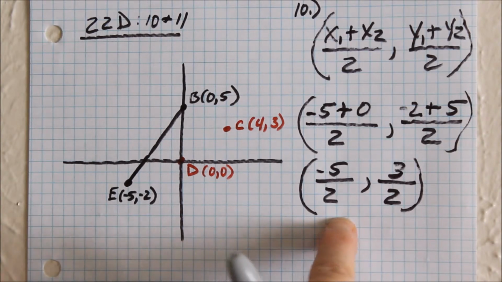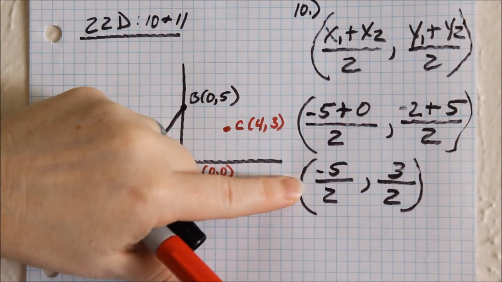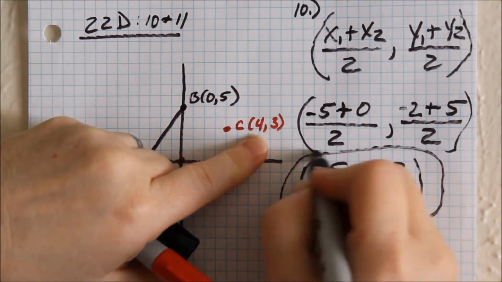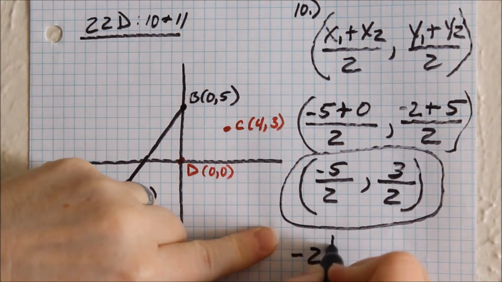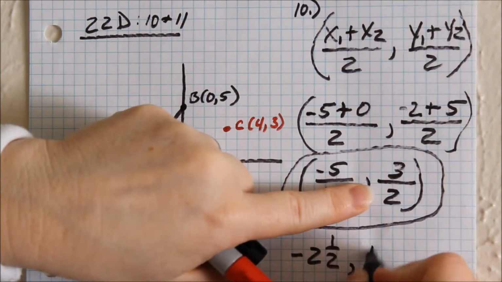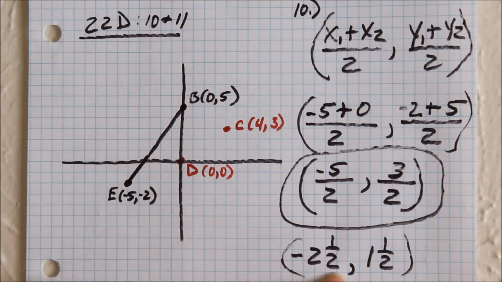So if I went to graph this, I would leave them as improper fractions for your answer, but to graph it, -5 halves is the same thing as -2 and a half. 3 halves is the same thing as 1 and a half. So I can go to my graph and plot this, and it should be on my line, and it will be the midpoint.